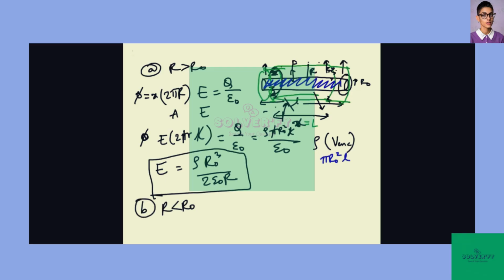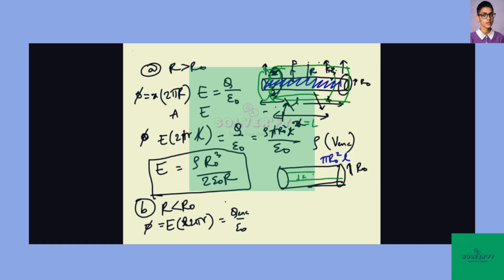Then we use the same Gaussian surface, and the flux is equal to E times L times 2 pi r, which is equal to charge enclosed divided by epsilon naught. In this case, the charge enclosed will be, let's say this is our cylinder with radius r naught, and we are considering a distance r.